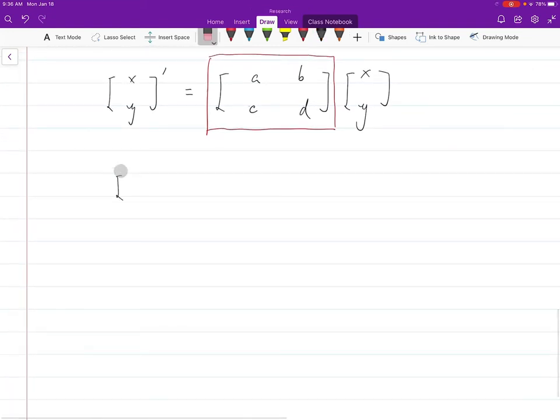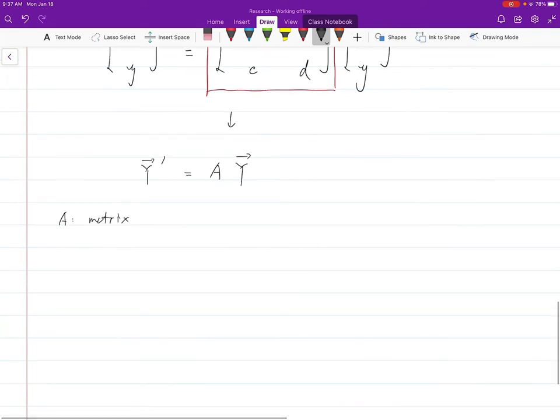So we can rewrite it into y as a vector prime equals A times y. Here A is a matrix, and Ay is not the traditional multiplication, but a matrix multiplication. It's a matrix times a vector.